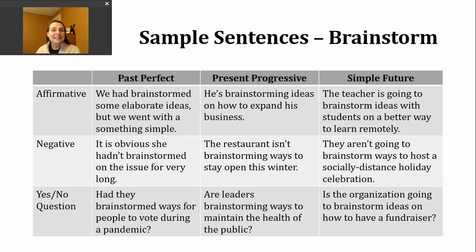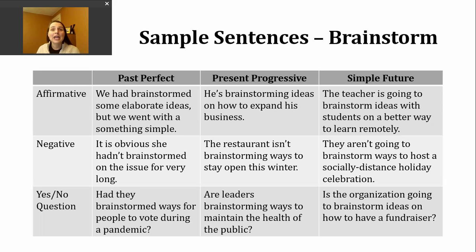We are generally using this tense to talk about an action that happened before something else, before another action in the past. To make the past perfect, we're going to use the past form of have, which is had, and then we'll use the participle form of the verb. Okay.